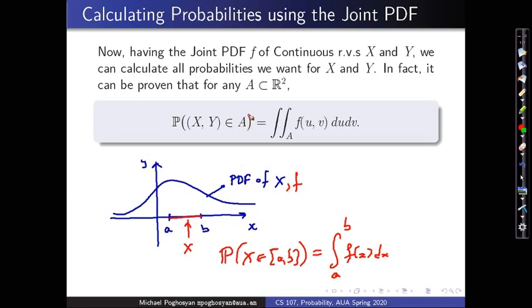In this two-dimensional case, instead of X we have random vector (X, Y), and to calculate the probability that it is in that set A, we are double integrating over that A our joint PDF.